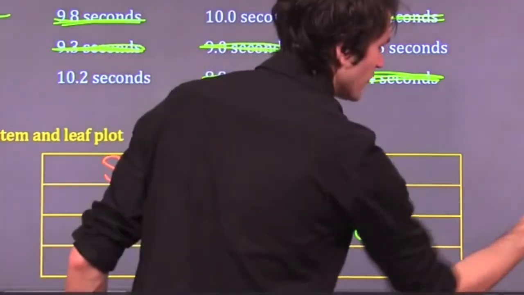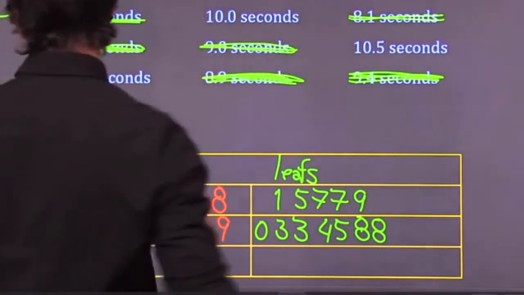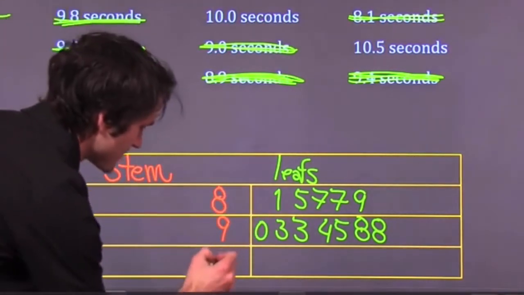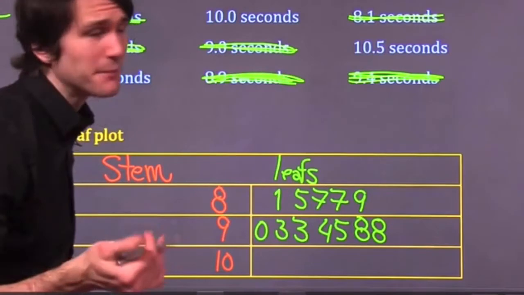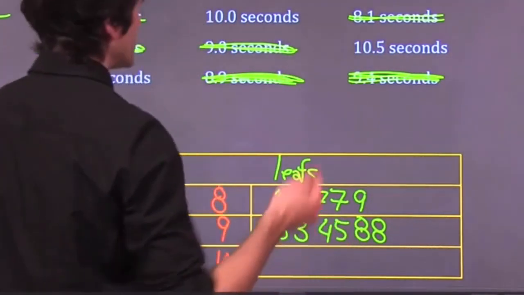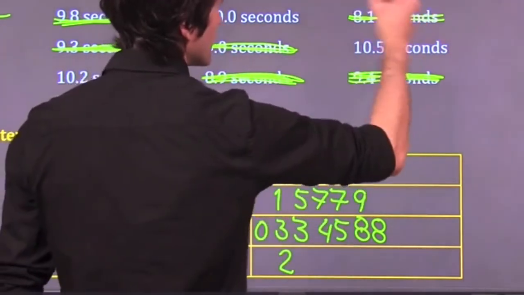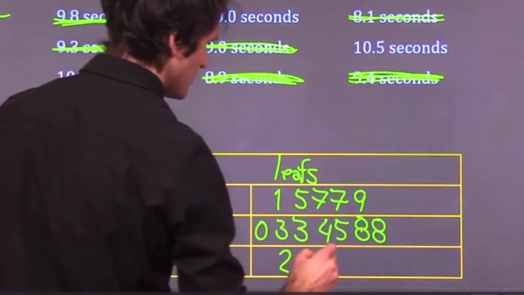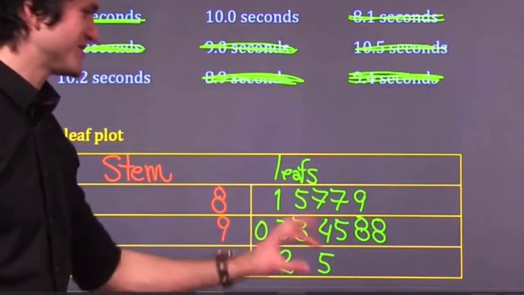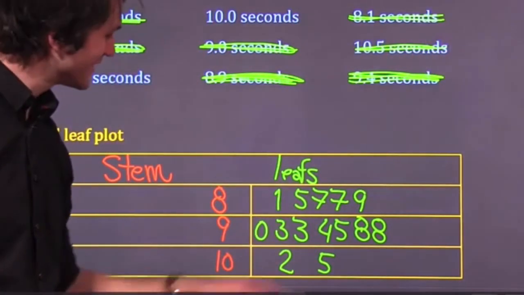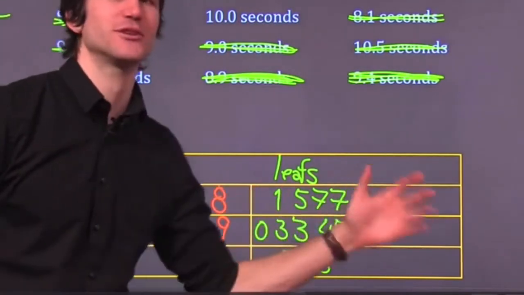Okay, let's go on to do our final stem, which I know is our final stem because all the other swimmers took 10 point something seconds. Let's include all those swimmers onto our stem and leaf plot. So we got 1 swimmer here taking 10.2 seconds. Another swimmer taking 10.5 seconds. I'm leaving lots of spaces in between these numbers so I can fill them up with whatever data points I have, so the data is in increasing order.